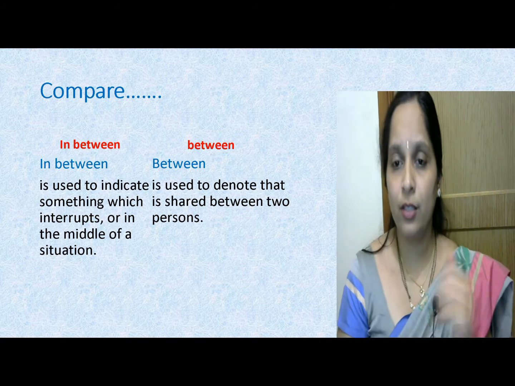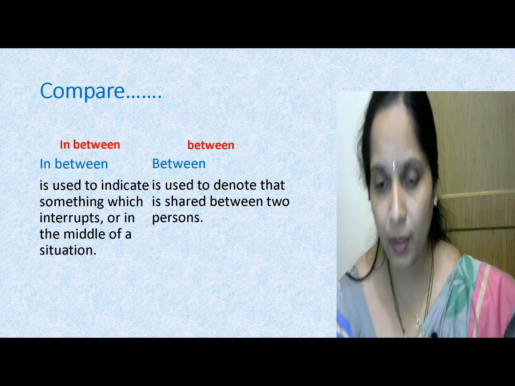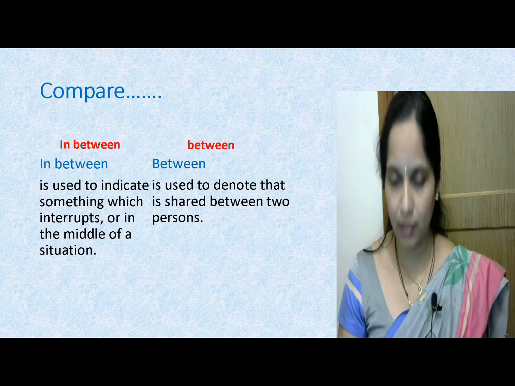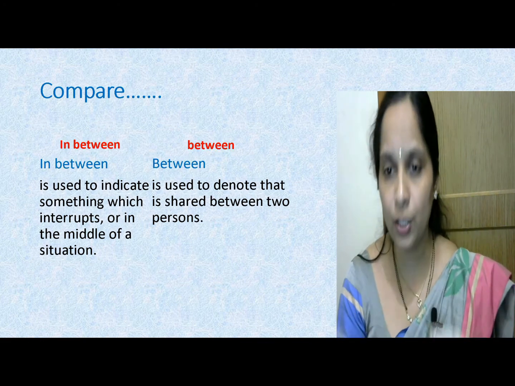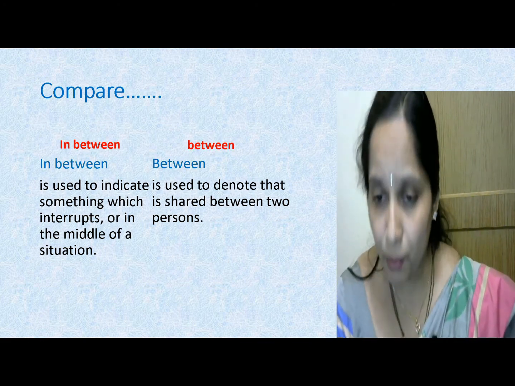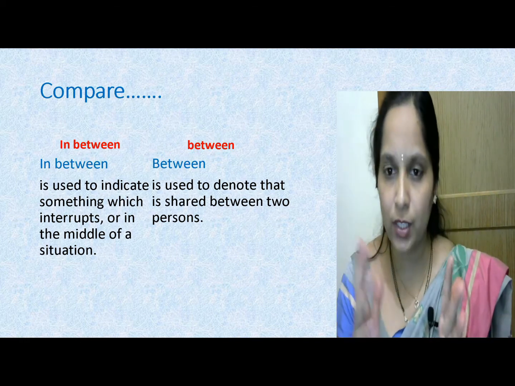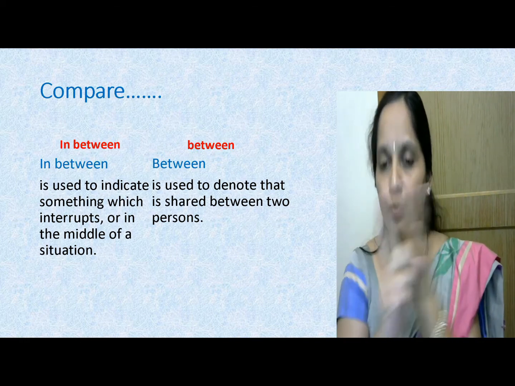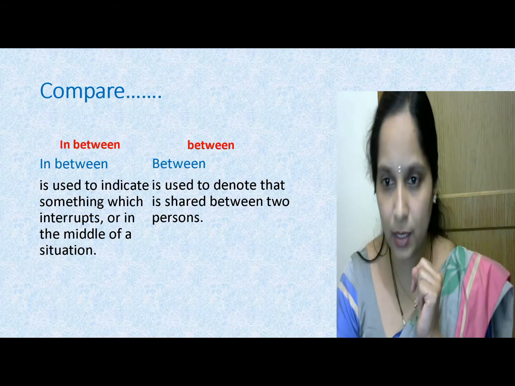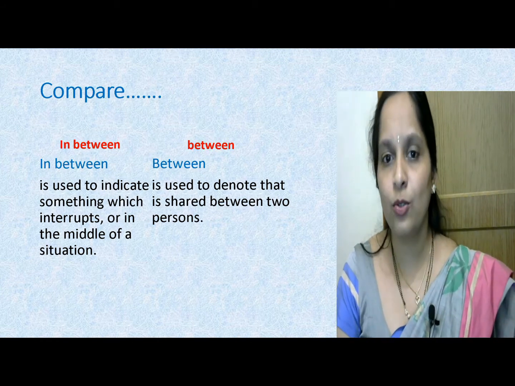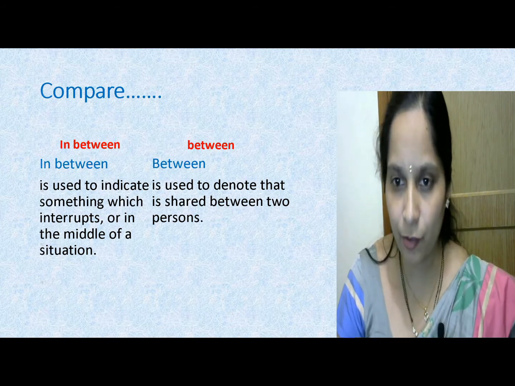Please divide the chocolate between brothers. Over here, between automatically denotes there are only two brothers. So between is always used when we talk about something shared between two persons. All right. So this is in between and between for you.